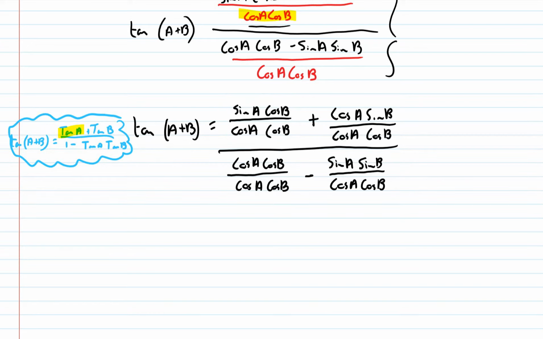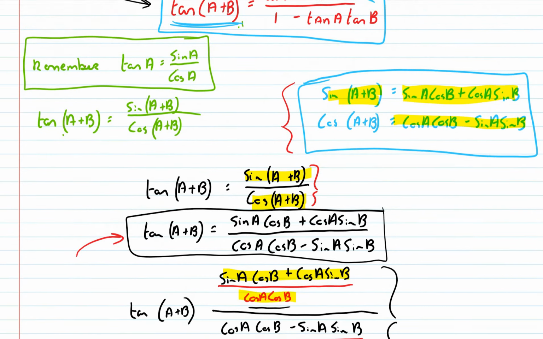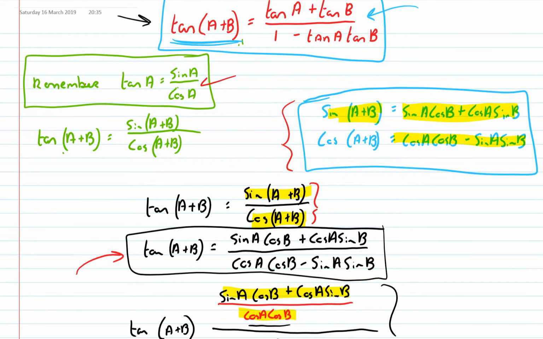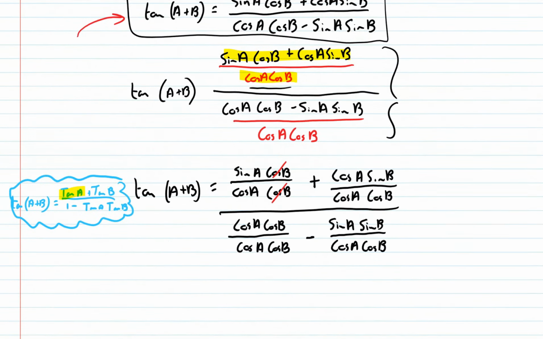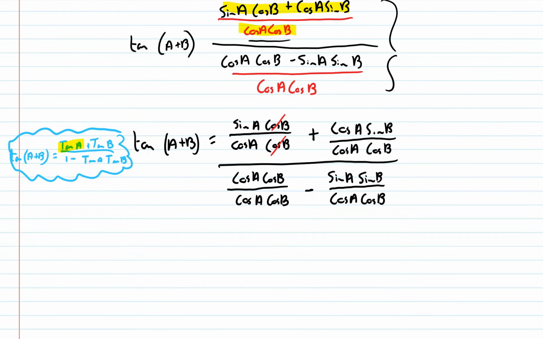Well, the first thing I can do is I have a cos B here and a cos B, so they can cancel each other out. So now I'm left with sine A over cos A. Now let's look back up here. Sine A over cos A is actually equal to tan A. So that's great. I can substitute this with tan A. And let's look over here then.